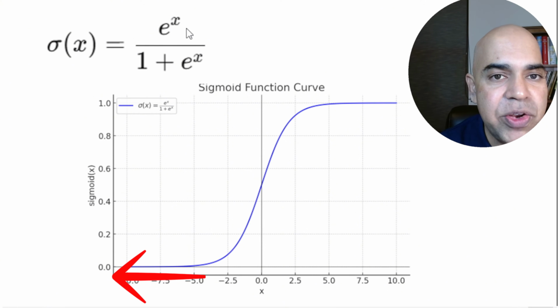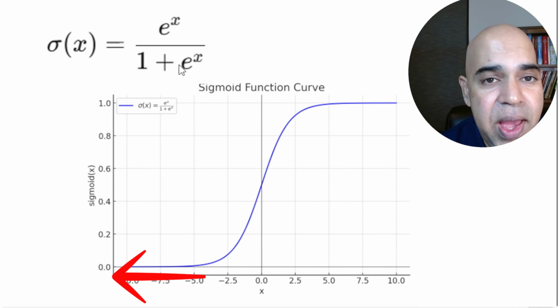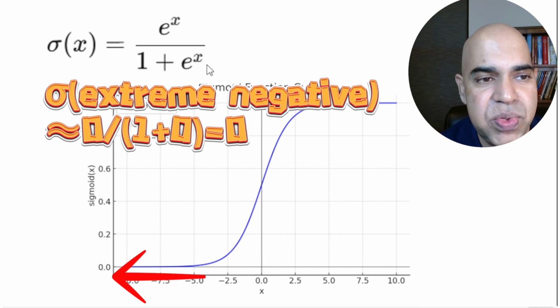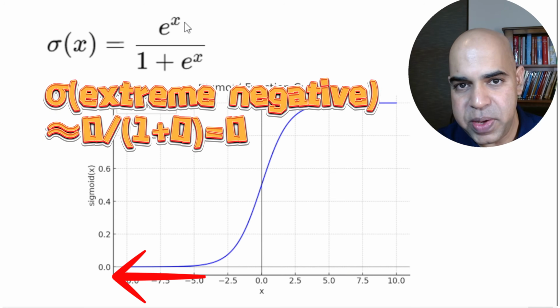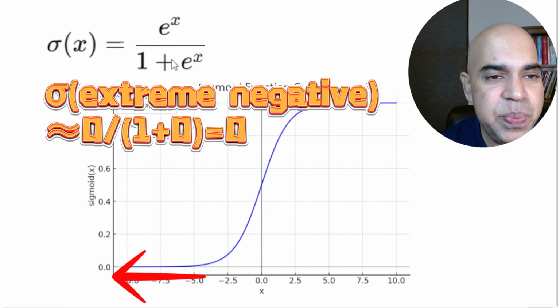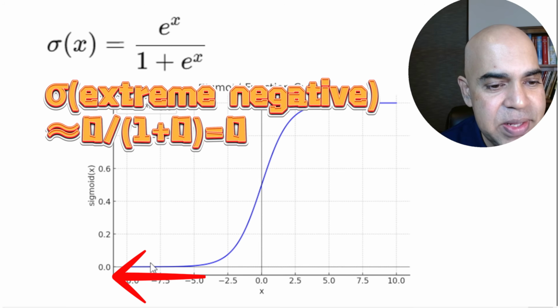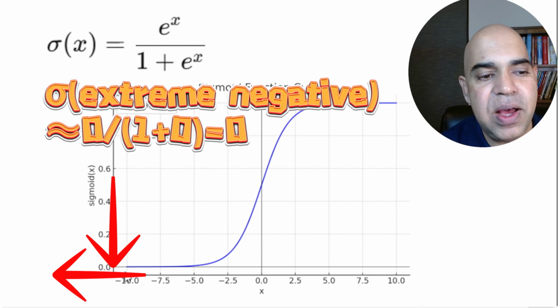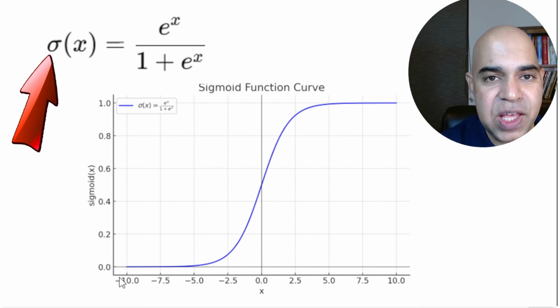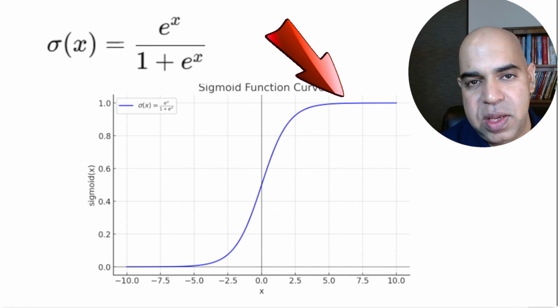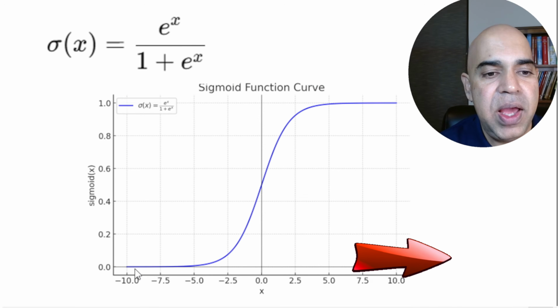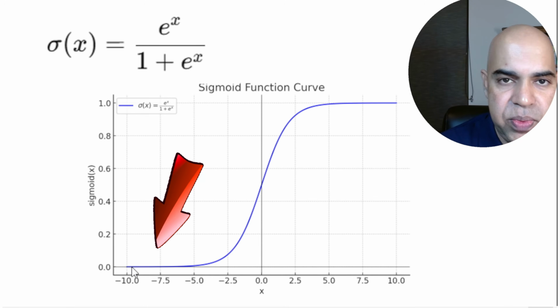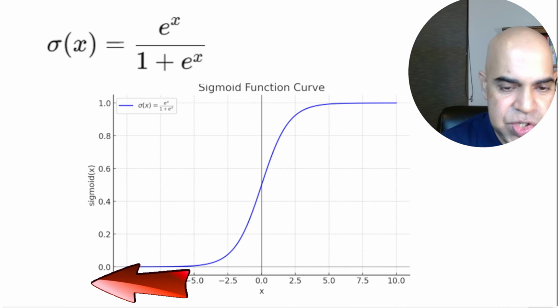So the numerator becomes very close to 0, and in the denominator you have 1 plus a number which is very close to 0. That makes it 0 divided by 1. So sigma of x becomes 0. So that means in the very negative side, as left as you go, the function becomes 0. And that is how this sigmoid function gives you 1 when your input value is very large and 0 when your input value is very negative, large in the negative side.